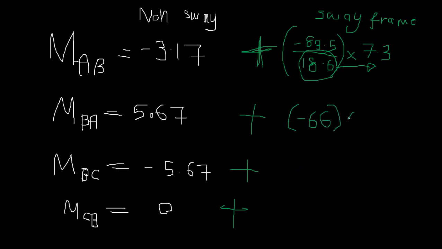So you can just use its correct Q value over the assumed and obtained Q value, 18.6. So this is 66 into 7.3 over 18.6.